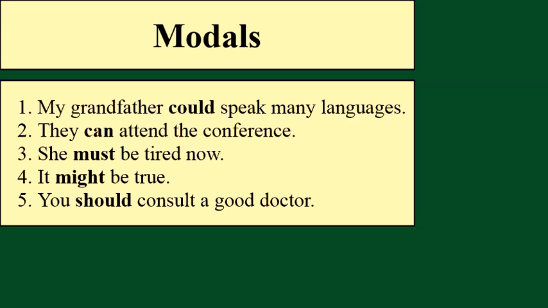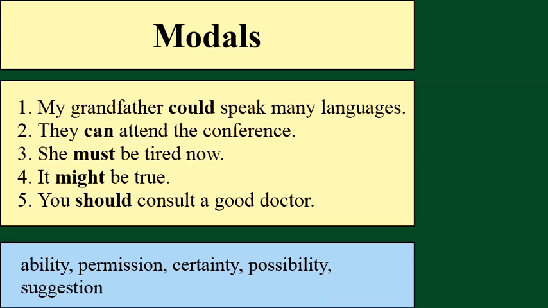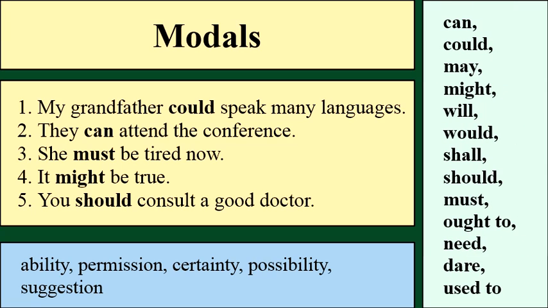They are used before main verbs and express meanings such as ability, permission, certainty, possibility, and suggestion. Such words as can, could, may, might, will, would, shall, should, must, ought to, need, dare, and used to are called modal verbs or modal auxiliaries.